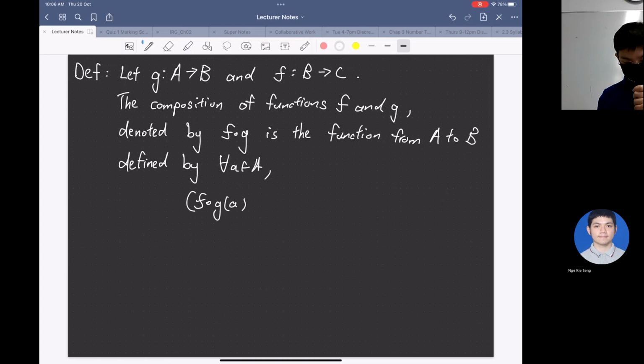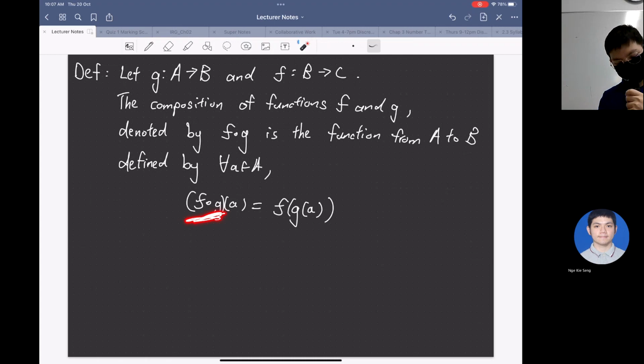Similarly, you can apply g to a first, and then you get something in B. Since you are in B now, you can apply f. So this is what f compose g.